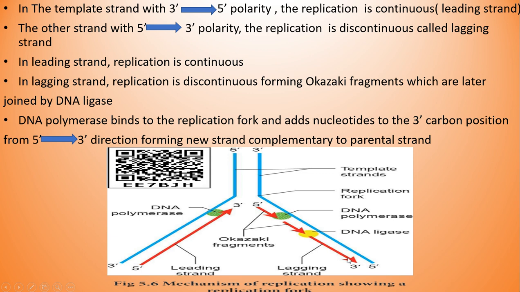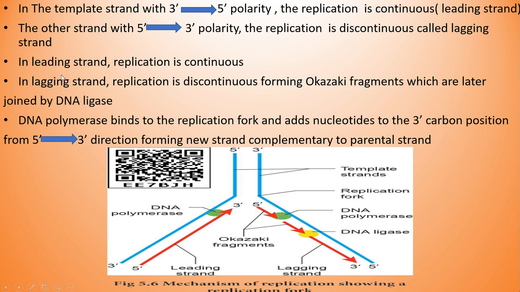The other template strand has 5' to 3' polarity, and here the replication is discontinuous. In the 5' to 3' direction the nucleotides are formed as Okazaki fragments, and these fragments are later joined by the enzyme DNA ligase, shown in yellow.